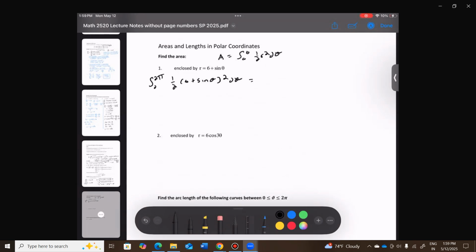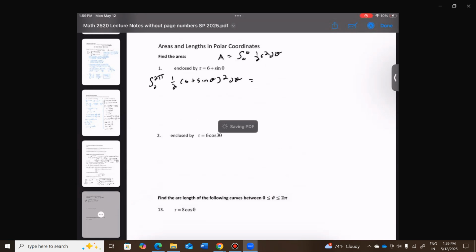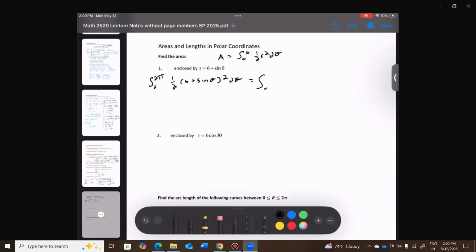And so we'll multiply this out. So 1/2 times 36 plus 12 sine theta plus sine squared theta d theta.